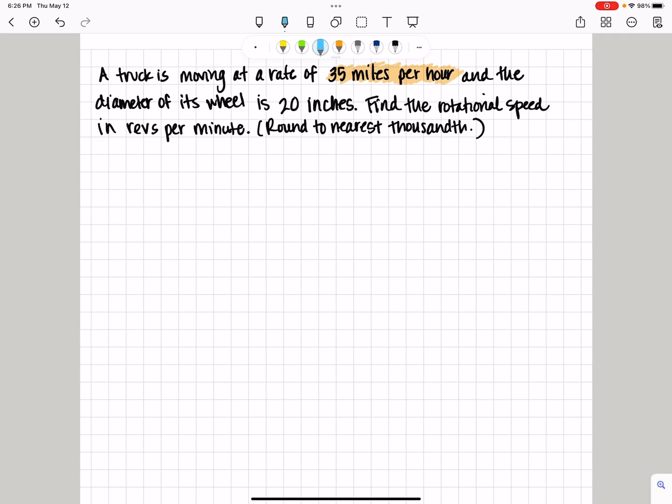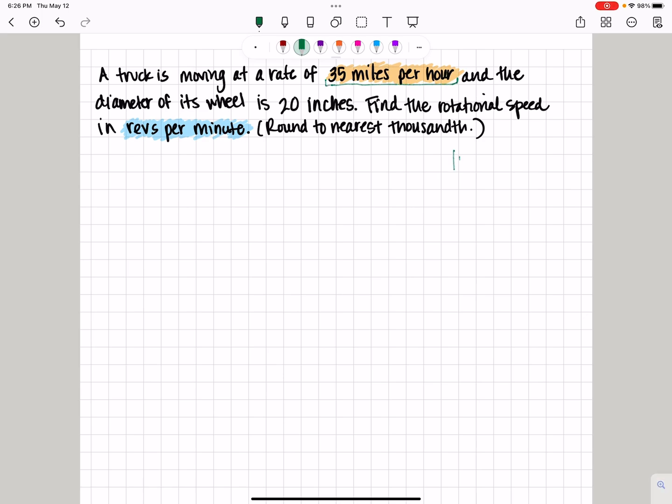And we're asked to change this rate to another rate, which is rotational speed. So if this blue highlight is rotational speed, what is the orange highlight? The orange highlight is linear speed.